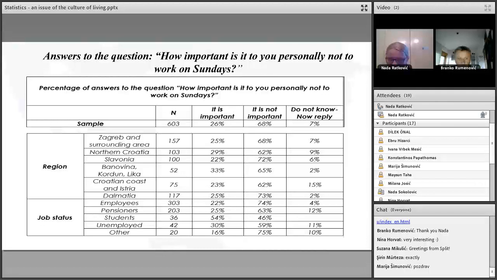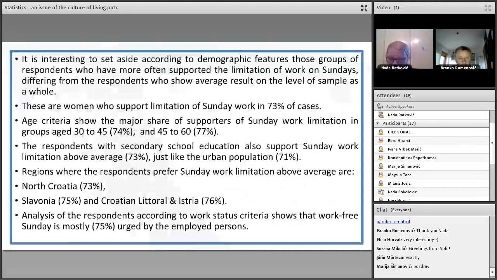Here are the regions and here is the job status. In which Croatia region is it not important? In Slavonia, 72% think it is not important. 22% say it is important. About the job status, employees: it is important, it is not important. 74% think it is not important.